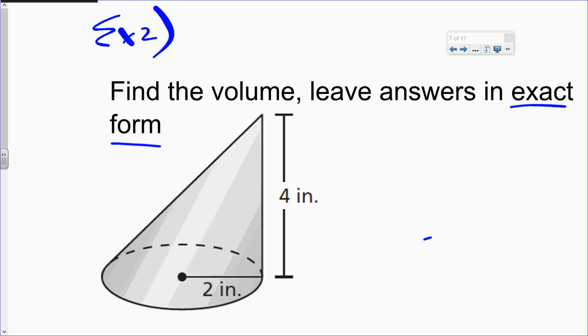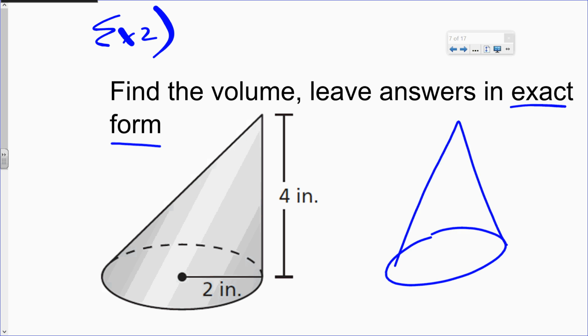In other words, instead of it being straight up like a normal cone, it's tilted to the right. So we call it an oblique cone.